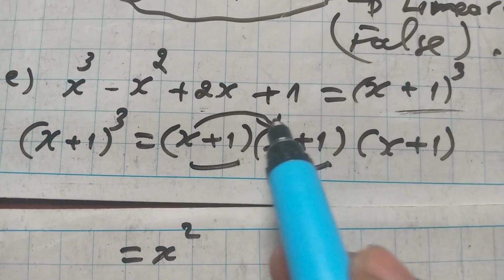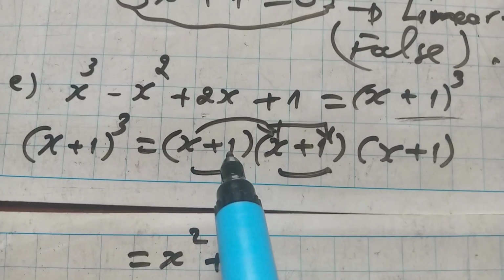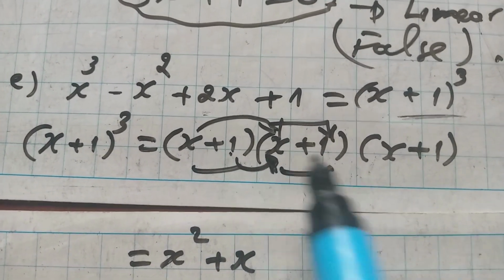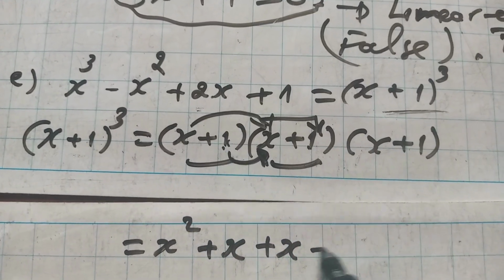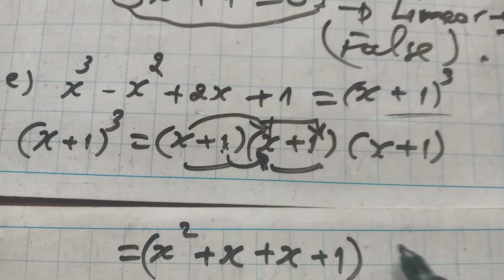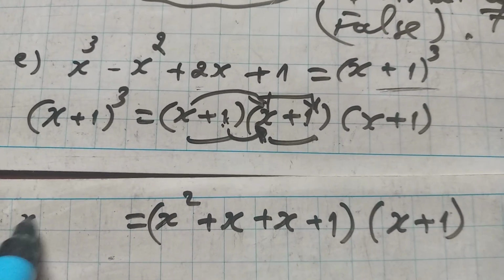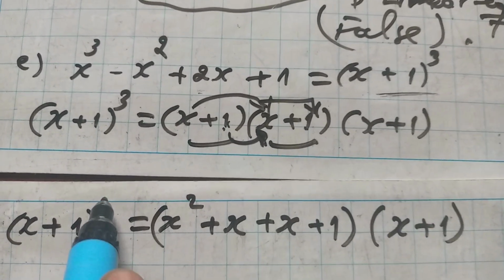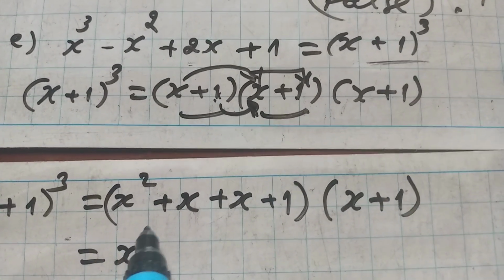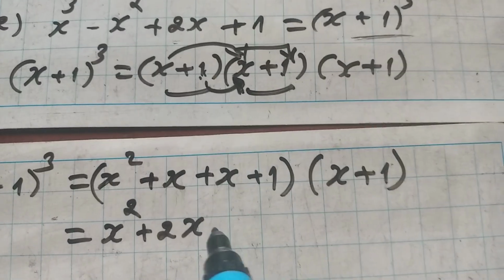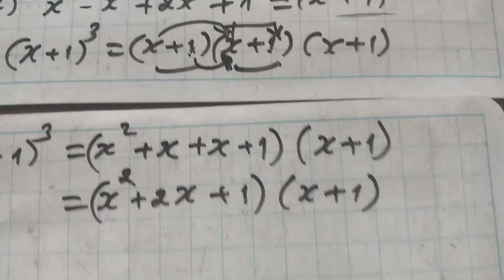Then this x times 1 will be equal to x. Now it is plus x, I have this 1 times this x to be plus x. Then this 1 times 1 will be 1. Then times x plus 1. Remember that here you have x plus 1 power 3. Then here is equal to x squared plus 2x plus 1. Then times x plus 1.